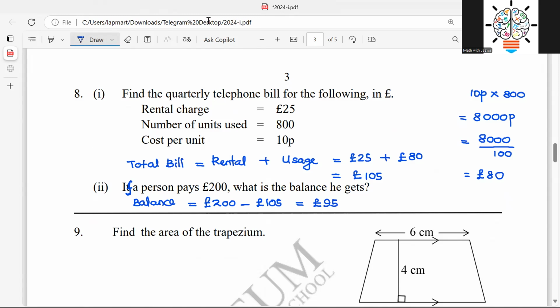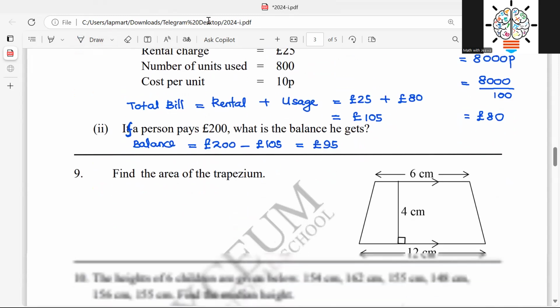So we'll double check: 800 into 10 is 8,000. When I divide it by 100, that becomes 80. And that 80 you add to 25, that is 105. And if I pay with 200, I have 95 as the balance.